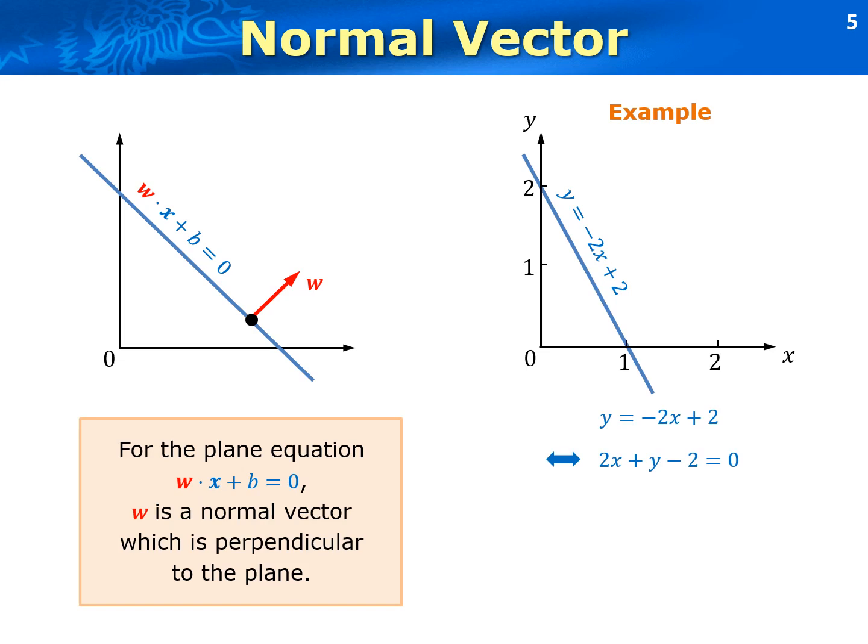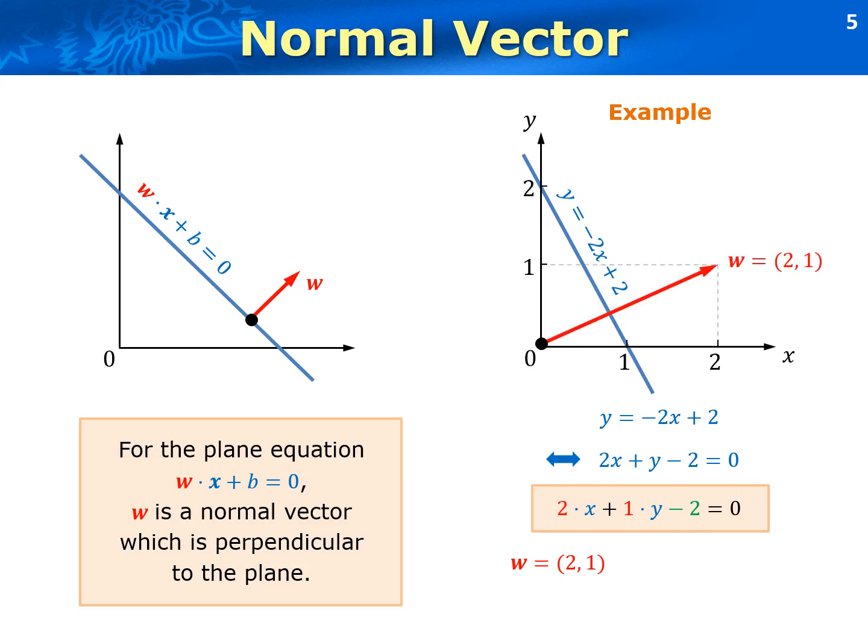Then, we put x and y's coefficients 2 and 1 together, which produces the norm vector w. It is perpendicular to the line. If we set the vector x as (x, y) and b as minus 2, then the straight line will take the form w times x plus b equals 0.